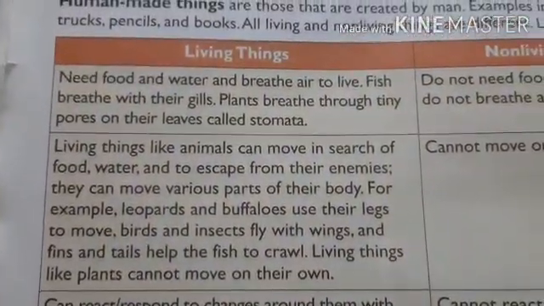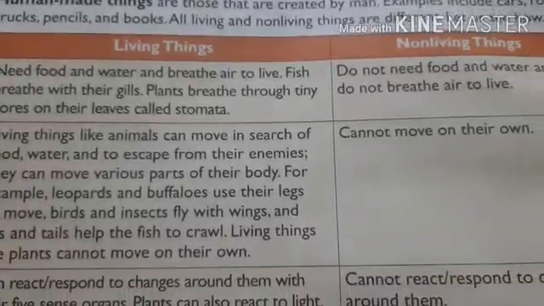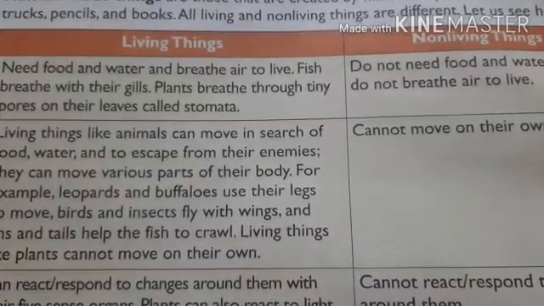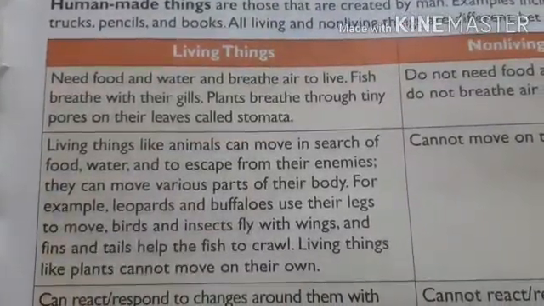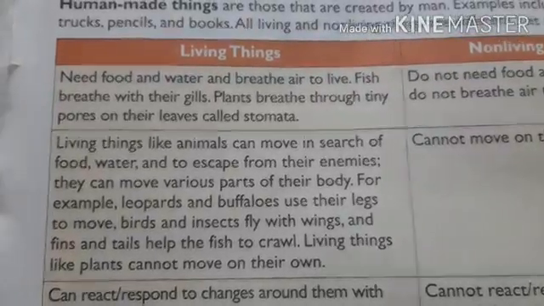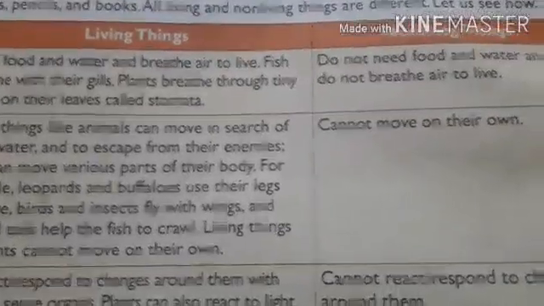Examples include plants, animals, sun, moon, planets. Okay, and human made things are those that are created by man. Examples include cars, roads, trucks, pencils, books, and so on. So all living and non-living things are different.